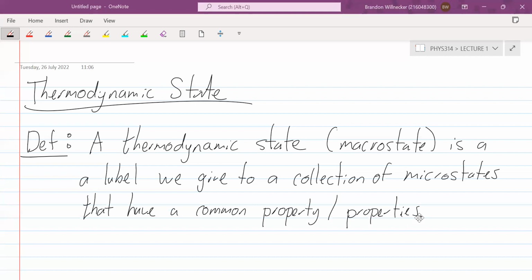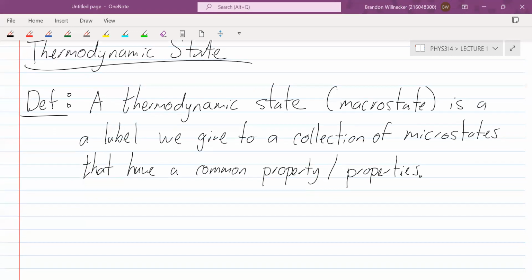So the collection of microstates that share this common property or properties, the label we give it is a thermodynamic state.